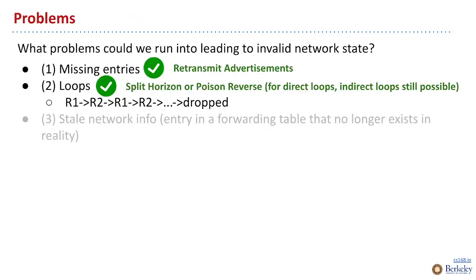That's great. Should we be implementing both split horizon and poison reverse just as a backup? It's a good question. Let's think through that. How would we go about implementing both? What does split horizon say to do if you have a route through that neighbor? Don't say anything. What does poison reverse tell you to do if you have a route through that neighbor? Say something.